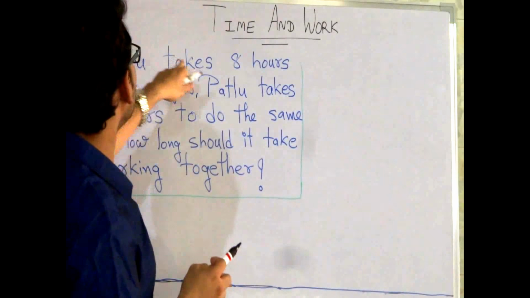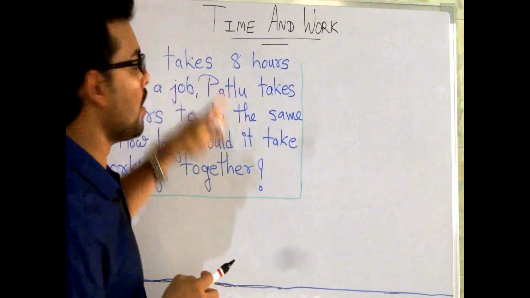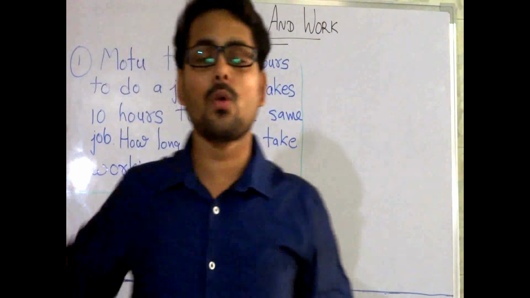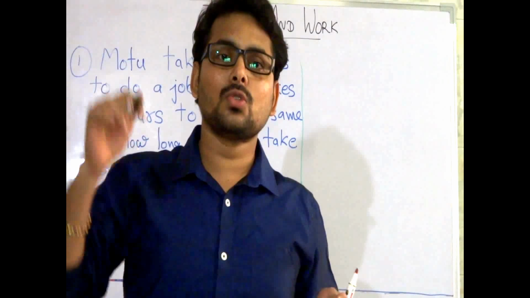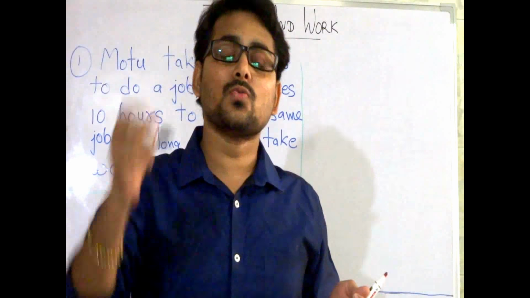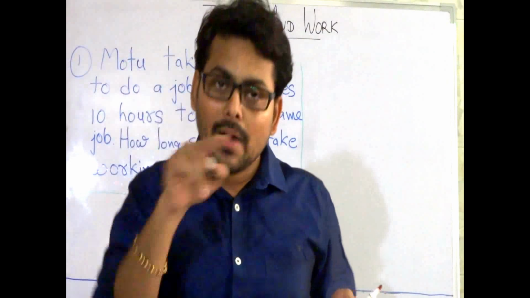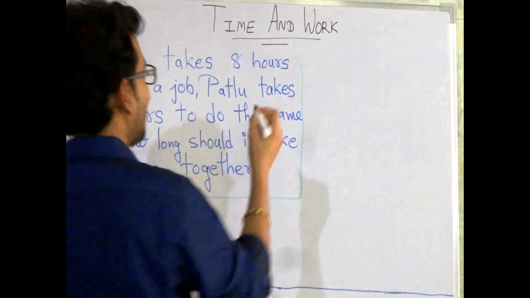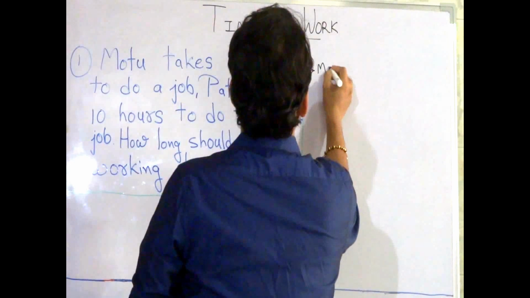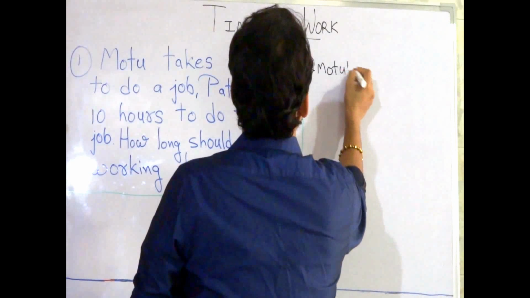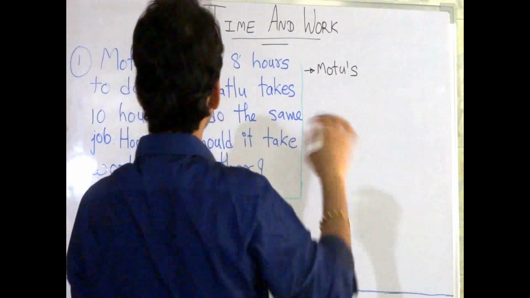Okay, so Motu takes 8 hours to do a job. Now our first formula, what was that? A is taking 8 hours to do a job, that means 1 day work is 1/8. So we will write like that. I'll write in short.